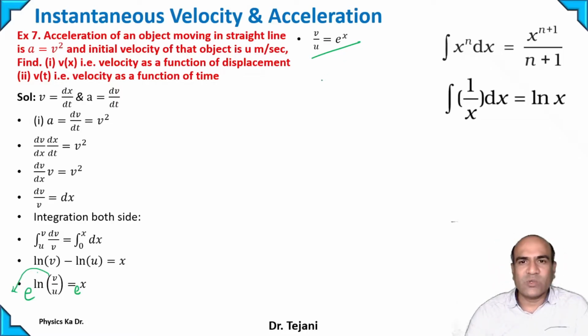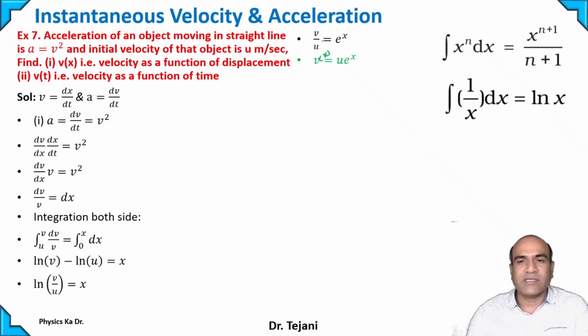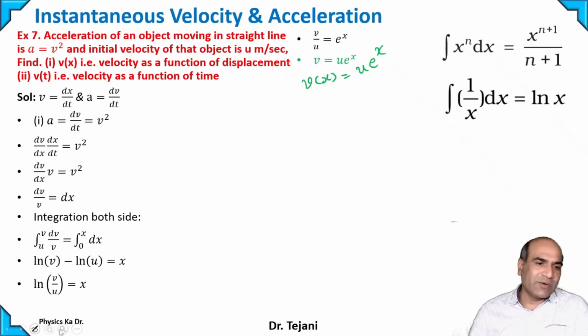It is very well known to us. What we need is the velocity function, so v is equal to u e power x. So the velocity function as a function of x is v of x is equal to u e power x. That is our answer.